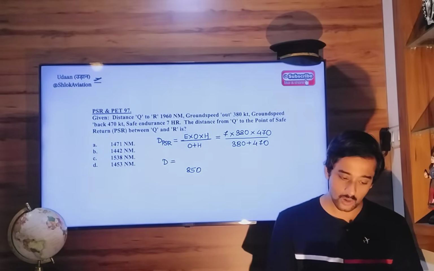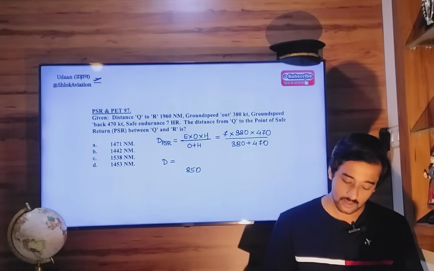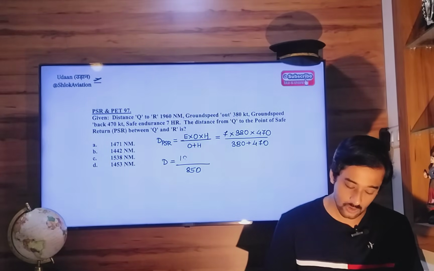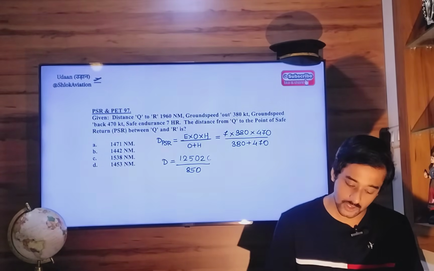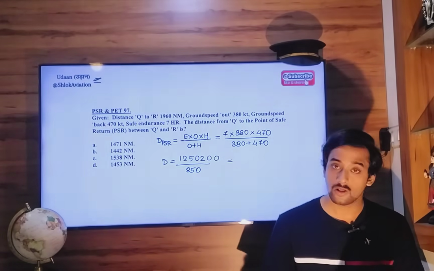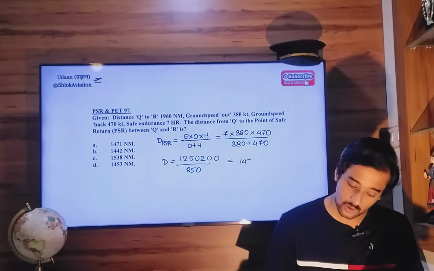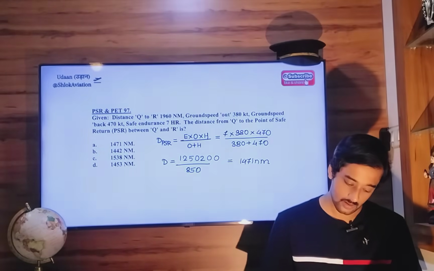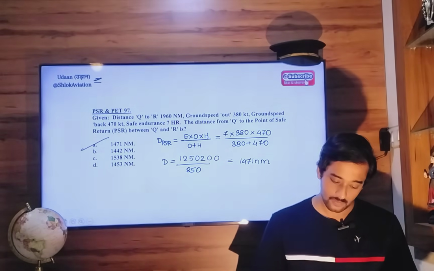In the numerator you have 7 into 380 into 470, that is 1250200. Is 1471 nautical miles. Okay, option alpha.